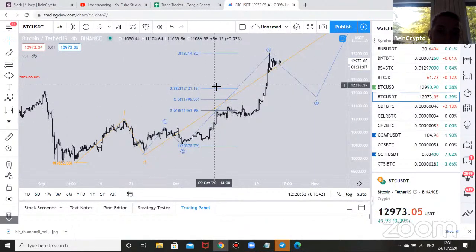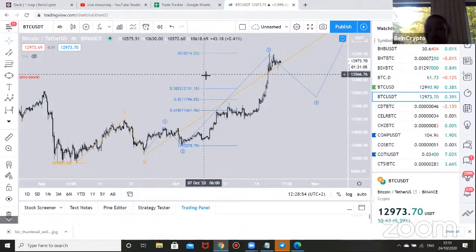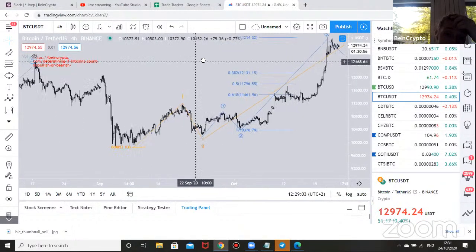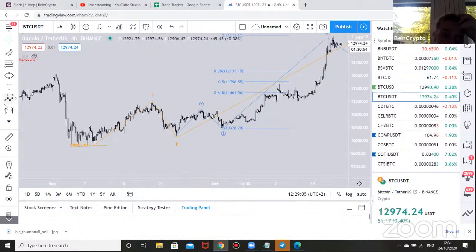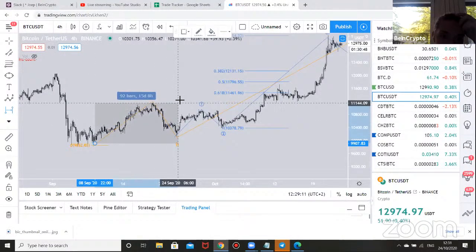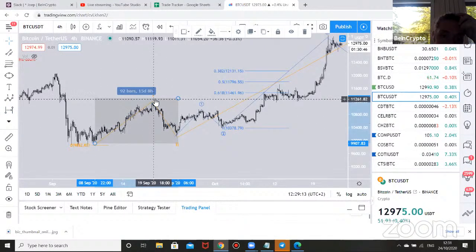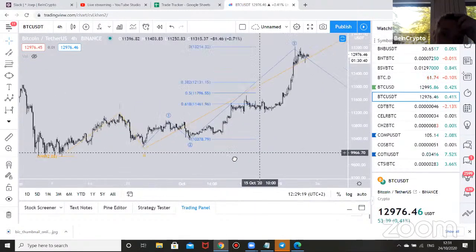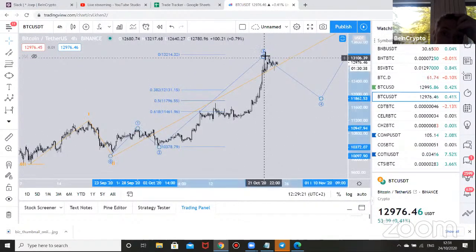Now, I put these three, the 0.382, the 0.5, and the 0.618 fib retracement levels, because they're the three most common, because this move here has already retraced, right? We have the big one up and the wave 2 down, 1, 2, and now we have subwave 3.